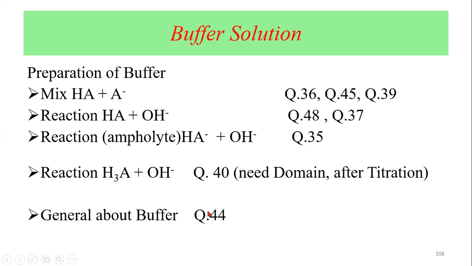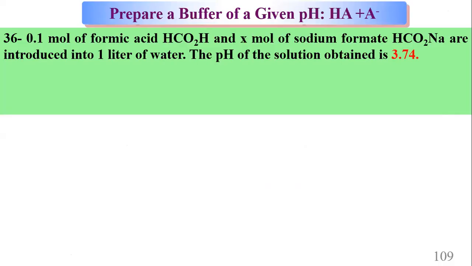And I'm also going to look at question number 44, which is a generality question about buffers. So again, these are just some examples of how to prepare a buffer. In the PDF of my course, there is some theory about it. But once you apply the theory as an example, you get it. So we're just going to apply the examples.